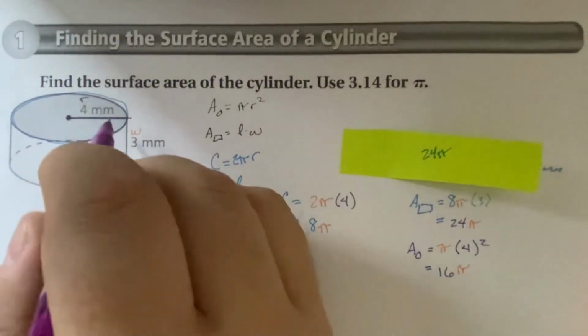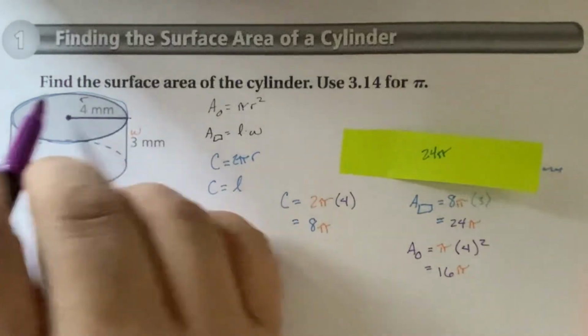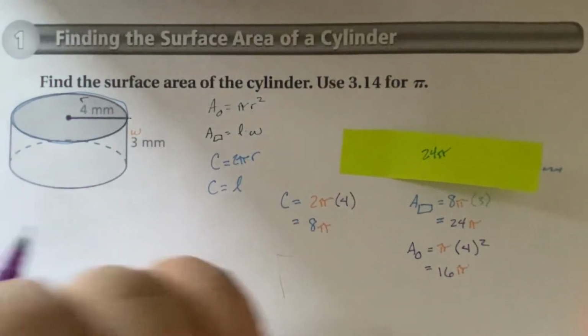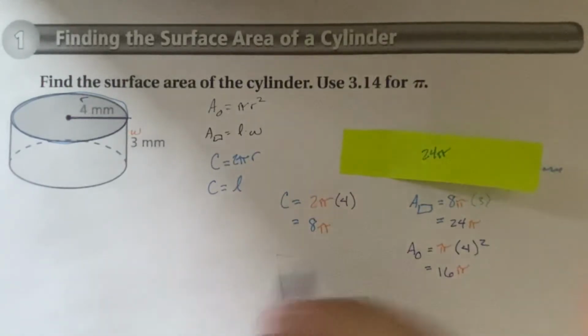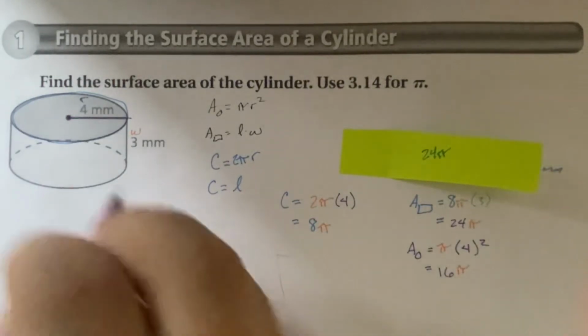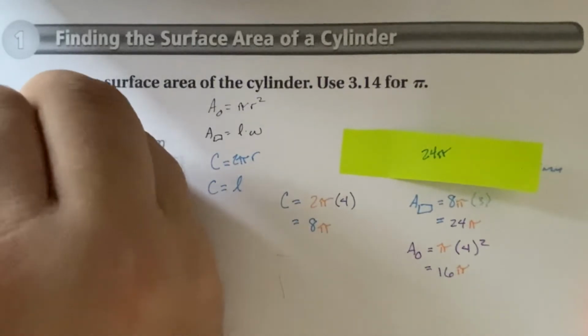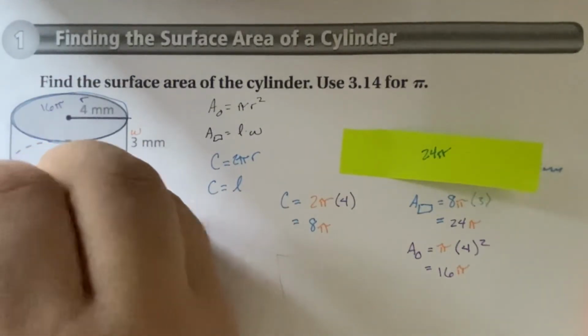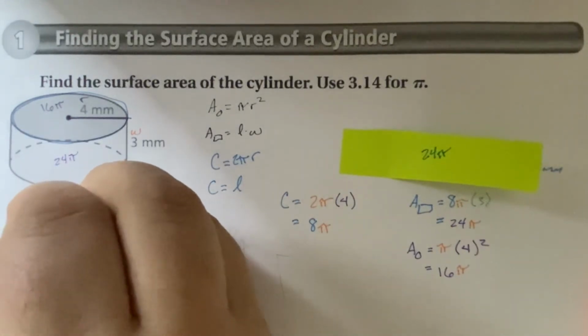But realize a cylinder has a top and a bottom. Because these two lines are parallel, that means the circle itself on top and the circle itself on bottom have the same area. So I actually need two of those. So my final pieces are, this is 16 pi, this is 24 pi, and the bottom is also 16 pi.